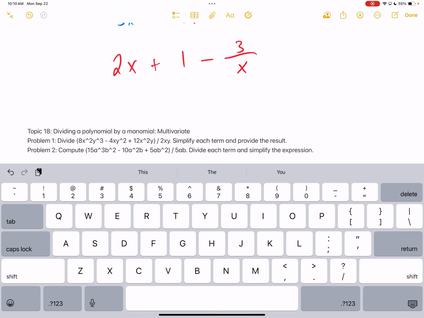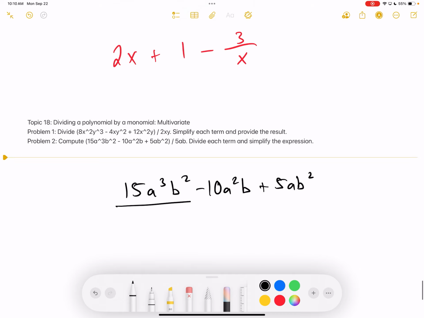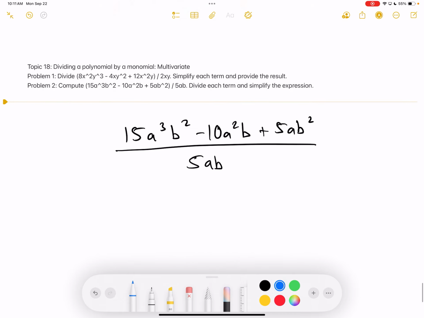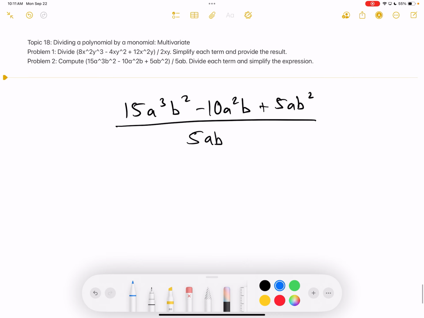And the last one here, same idea, you just got multiple variables. So the problem may look something like this, but you are dividing everything by 5ab.